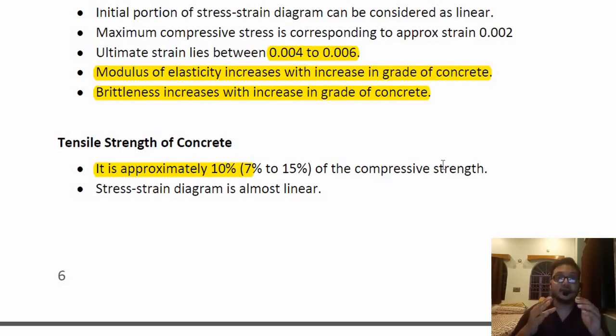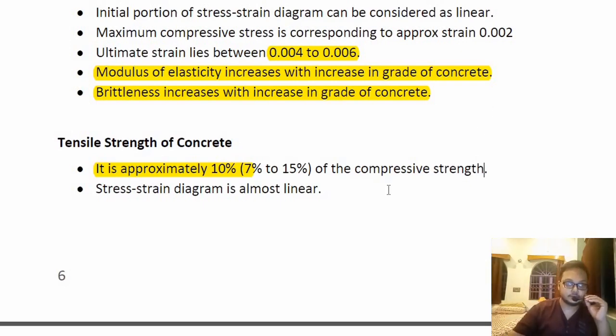But when it is a tensile force, it can only take about 1/10 of that compressive force. So note one line: the tensile strength of concrete is 10%, and concrete is thus strong in compression but weak in tension.